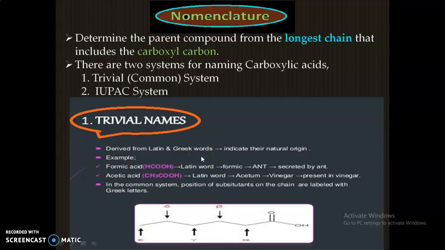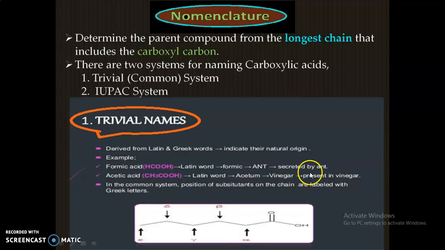Example: simple carboxylic acids are better known by their common names. The common names are usually derived from the Latin or Greek word that indicates the original source of the acid. They do not follow any rule except that all common names of the acids end in IC acid. For example, formic acid comes from the Latin word formica, meaning red ant.